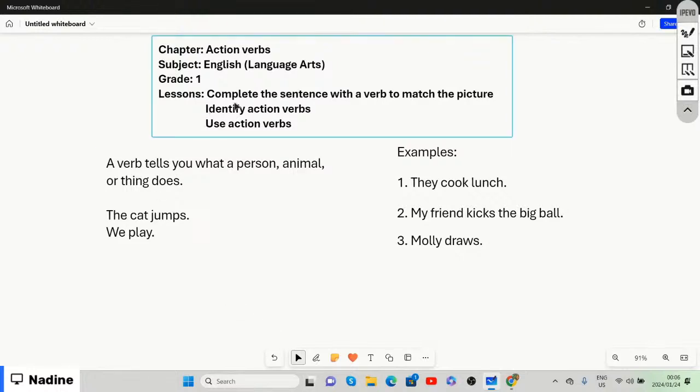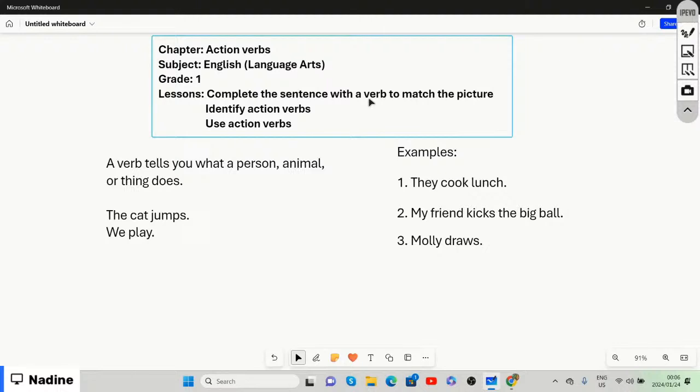With the first one, you will be given a specific picture and you're going to have to say what the action is within that picture, or what the person or thing is doing within that picture.